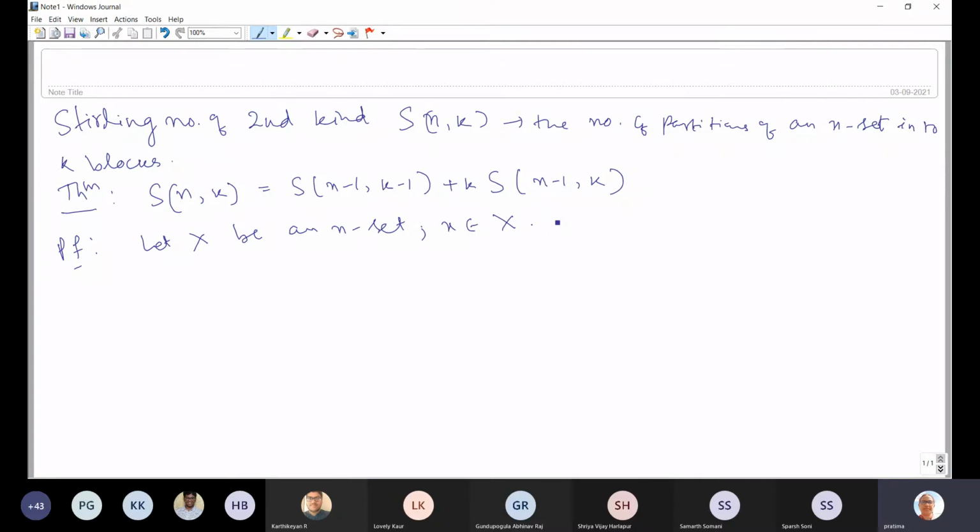The same argument that Karthikeyan said, I am writing in proper way. So we are taking any element small x in this n-set.